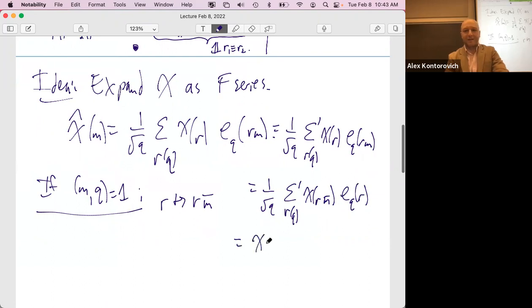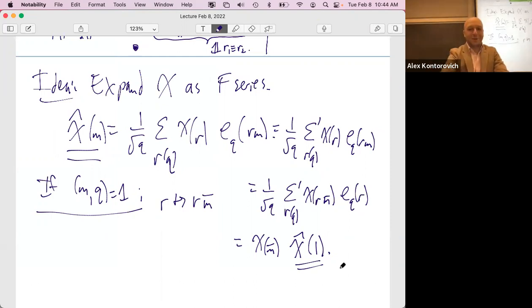The chi of m bar pops out, and what's left is exactly the Fourier transform of 1. So the weird thing about these multiplicative characters is they have one Fourier transform. It's only the Fourier transform of one that matters: it's just chi times the Fourier transform of one.